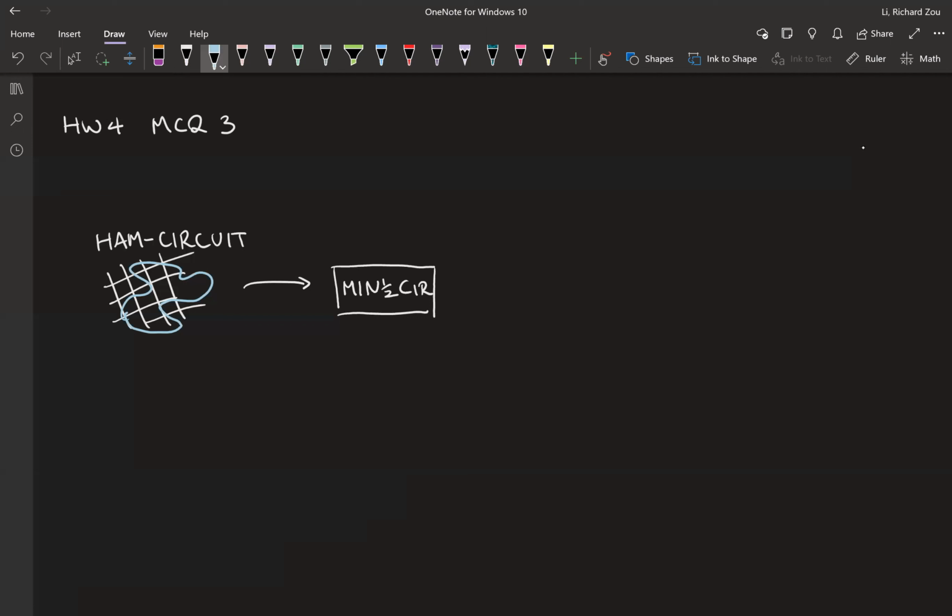So note that if a Hamiltonian circuit exists in this graph, then the graph is guaranteed to be strongly connected. So we don't need to worry about this section because we can just give it some strongly connected graph. Then suppose we have this graph here, and this is maybe the circuit in the graph, kind of messy.